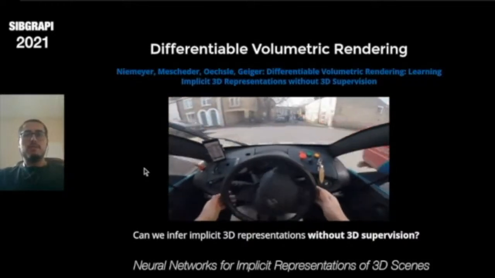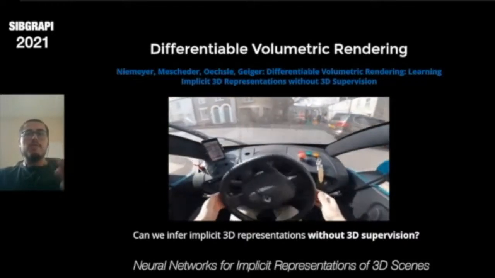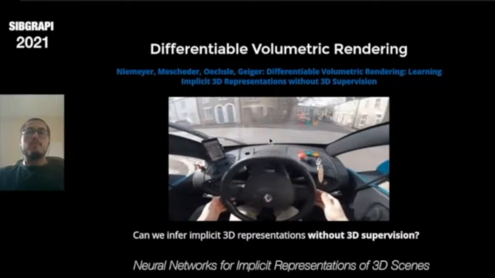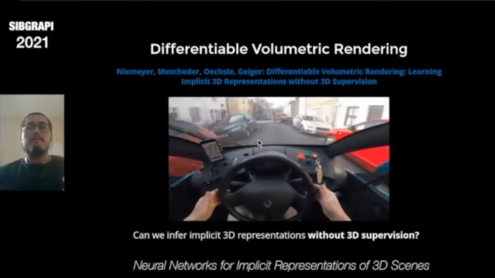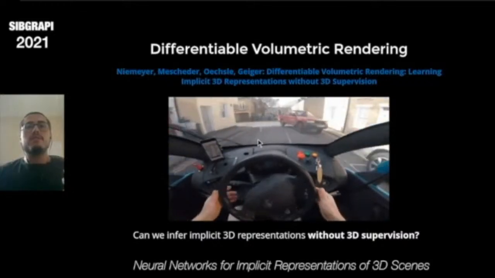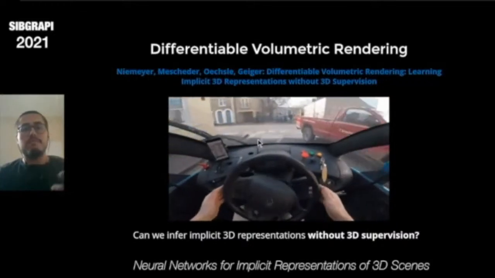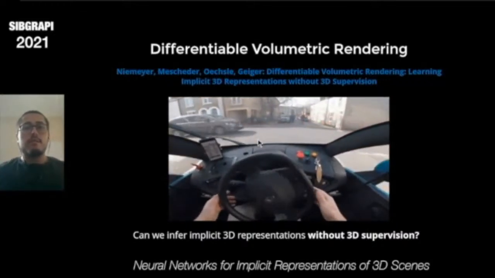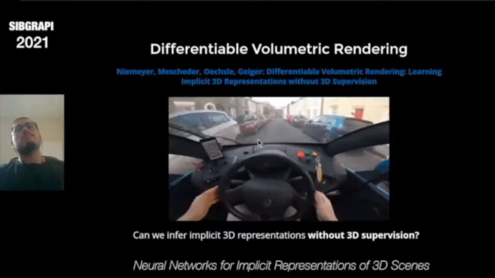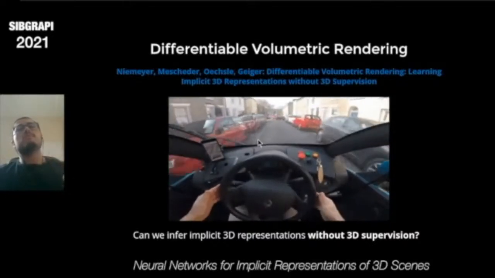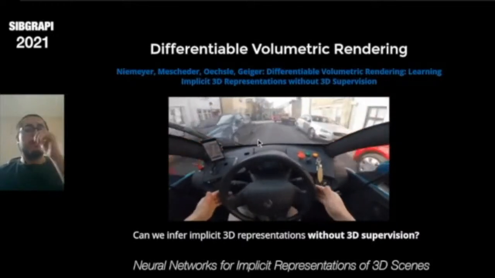A 2D representation of the real case, for example, cars, and they want to reconstruct or to infer 3D information about the scene, correct? And that's the whole idea for them to try to work with these deep implicits.